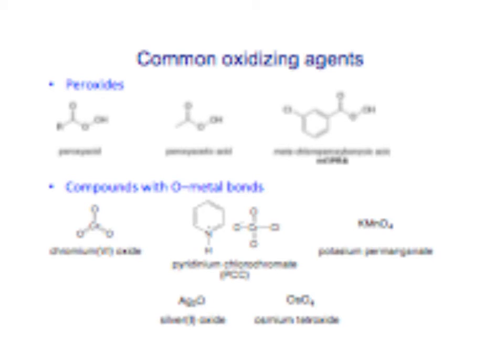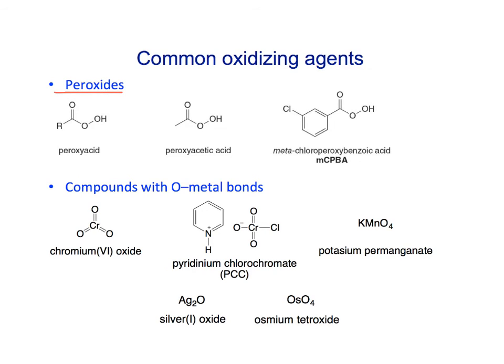Oxidizing agents come in two different types that we're going to look at right now. The first involve peroxides, and so these are molecules that have oxygen-oxygen bonds. The main general type we're going to look at is called a peroxy acid. So the structure looks very much like a carboxylic acid, but it has an extra oxygen. It has an oxygen-oxygen bond.